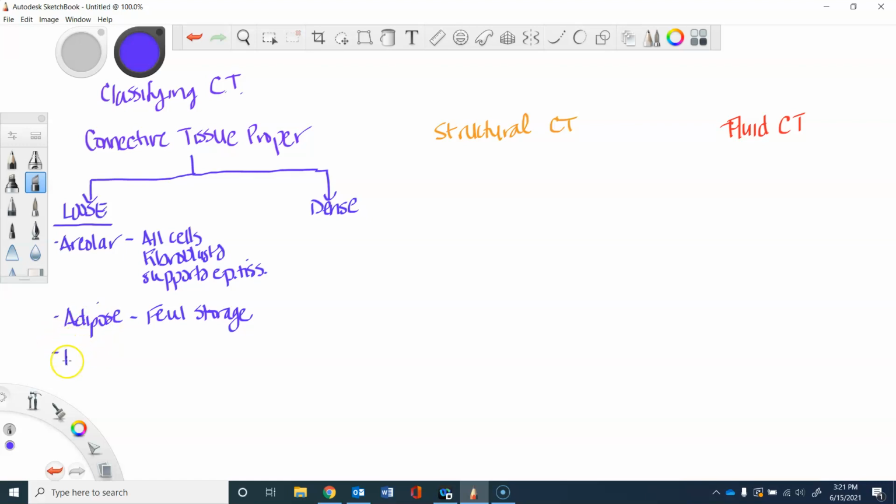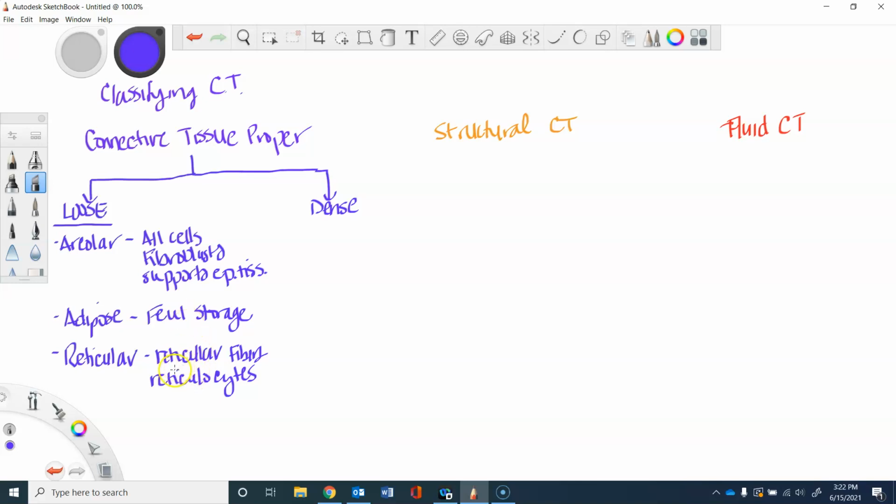All right, reticular tissue. So reticular connective tissues are tissues that are going to contain basically reticular fibers and fibroblasts, which are called reticulocytes.